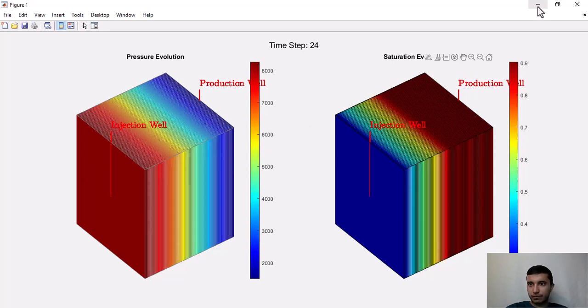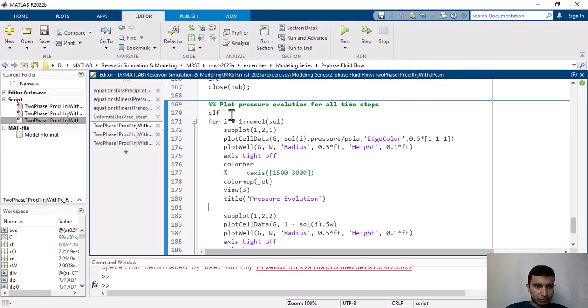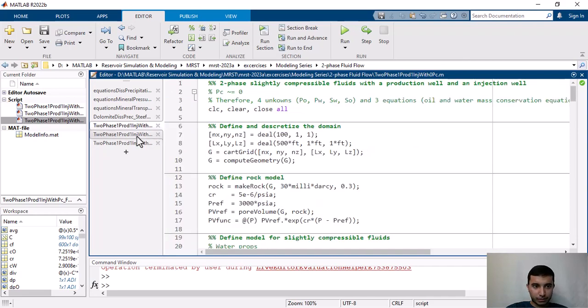That's it. All right. So let's stop it and let's go to the next part of the video, and I'm going to talk about this script. In this script, I have considered the effect of capillary pressure.